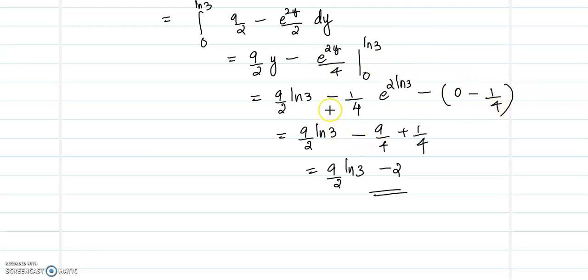So that is 9 by 2 ln 3 minus e raised to ln 9, that is 3 square. So e raised to ln 9 will be equal to 9, so we'll get 9 by 4 plus 1 by 4. So that is 9 by 2 ln 3 minus 8 by 4, which is minus 2. So that is the required value of the integral.